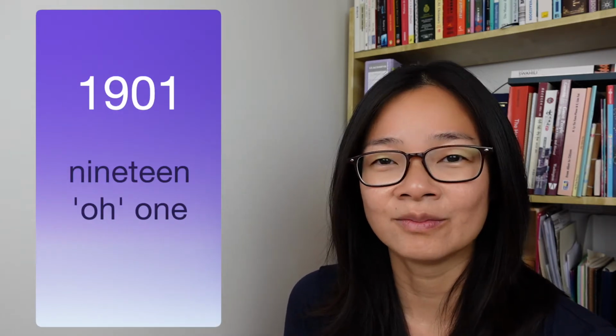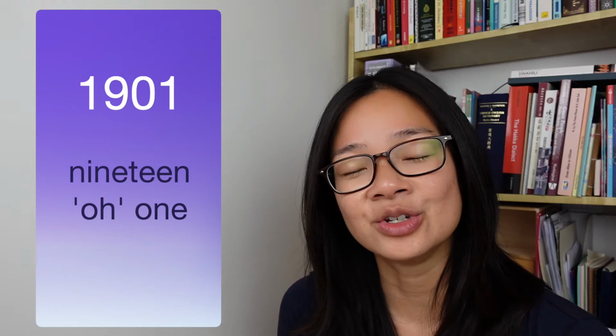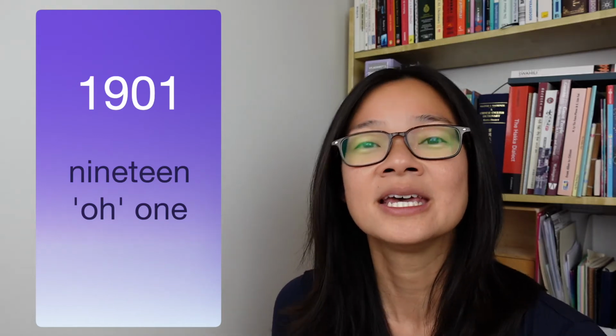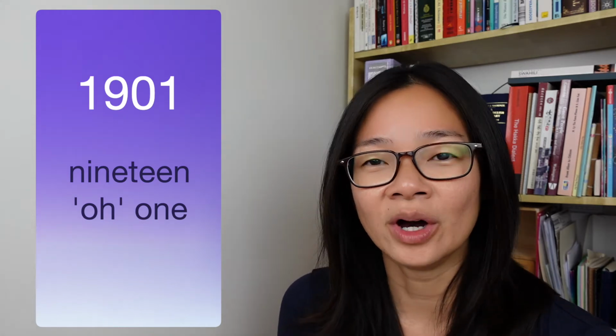Now the year after 1900 was 1901. You can see that again we're keeping the year divided into the first two numbers and the second two numbers. Nineteen oh one.